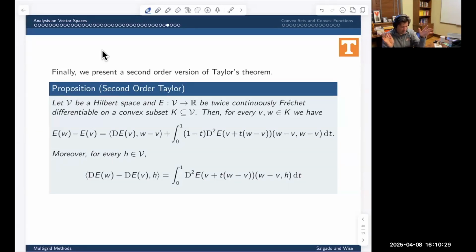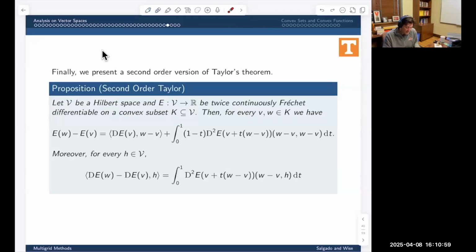But before I do that, I'm going to give you another version of Taylor's theorem. But this time we're going to do Taylor's theorem just for real valued functionals. So suppose that V is a Hilbert space and E(v), we can think about as an energy functional, which is taking objects from the Hilbert space and mapping them into R. So it's assigning a number, just like an integral would do.